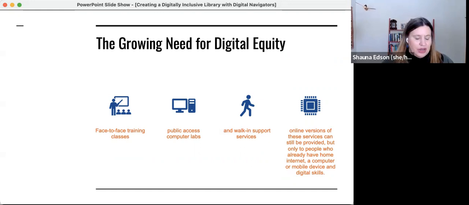So this included all of our face-to-face training classes and workshops, our public access computer labs, and walk-in services. Online versions of these services were only available to people who already had a computer, internet, and knew how to use them.